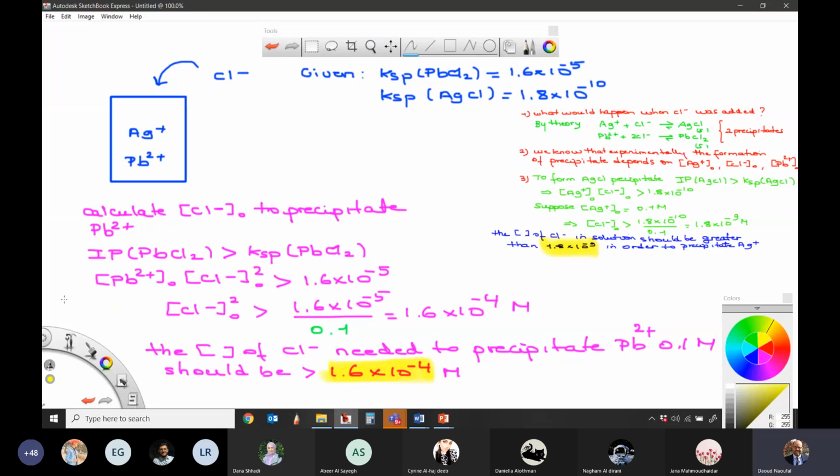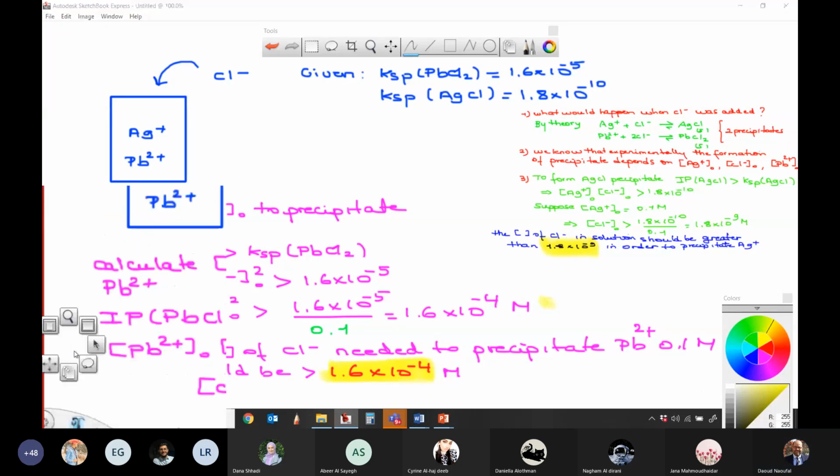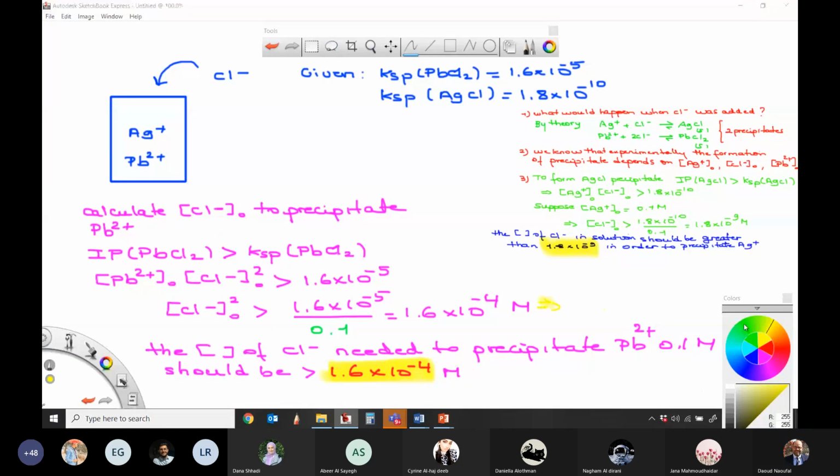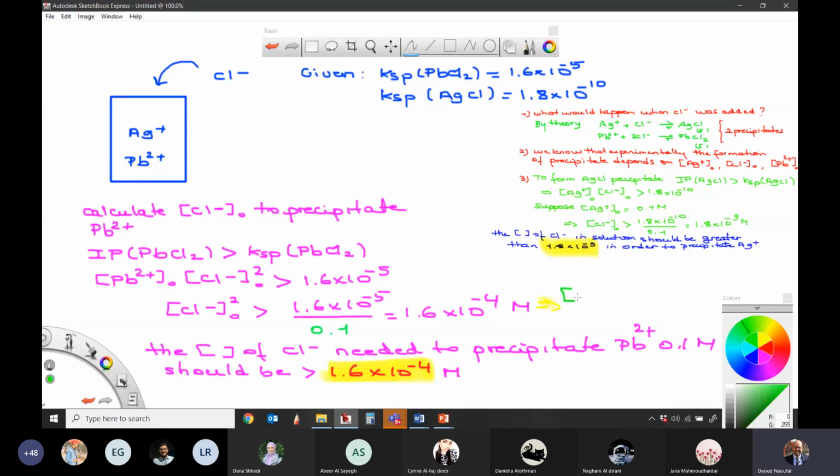This is Cl- square, implies Cl- initial should be greater than radical square 1.6 10 minus 4, so the value is 0.026.